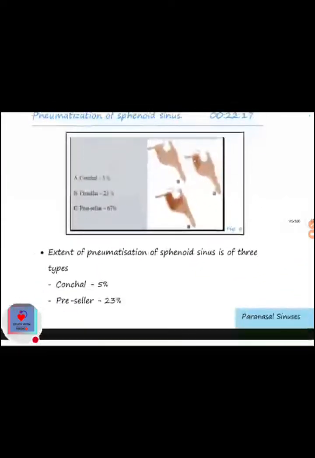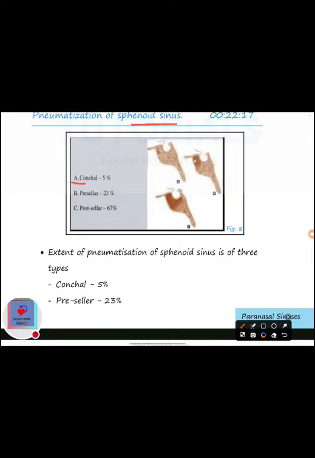So, pneumatization of the sphenoid sinus. These pictures are very important here. The conchal type is very small, this is 5%. Pre-sellar is also small, only 23%. But the post-sellar is 67%. It's very huge.